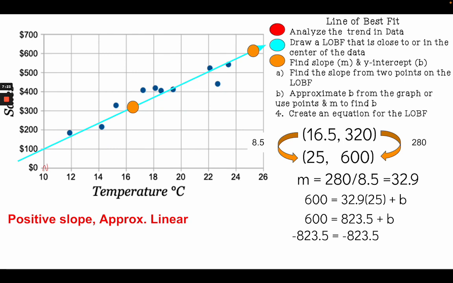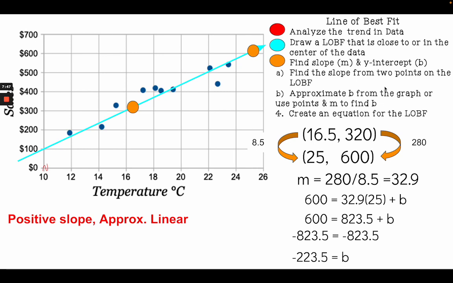And so we're going to get a b of about negative 223.5. Now, as we're looking at this graph, we know that we're pretty much right, because at 10, if it's at 100, it has to be below that for 0. And so we know for sure that we're below 100, so we're okay.